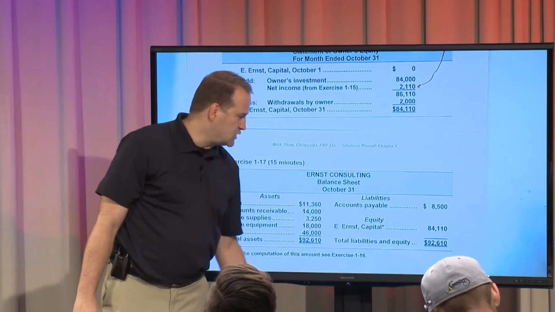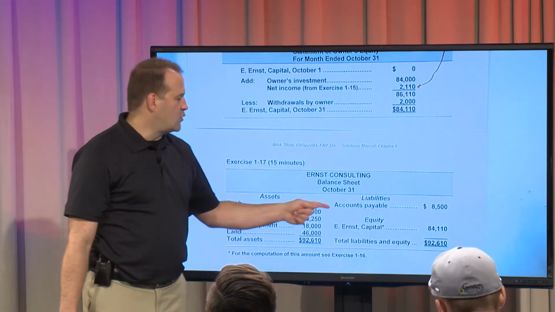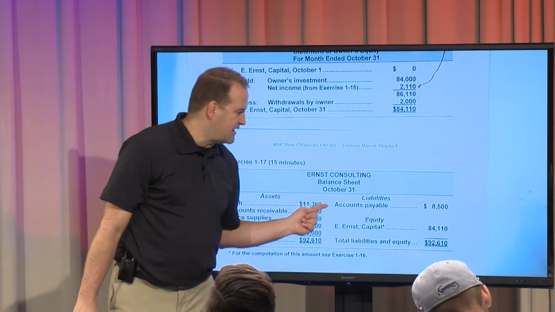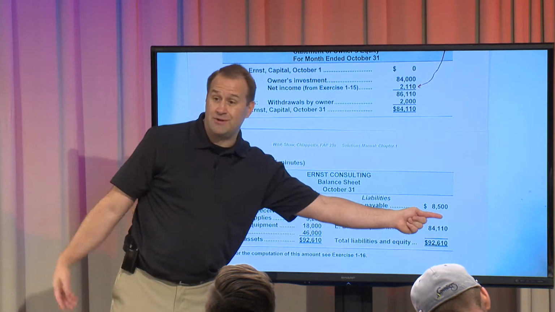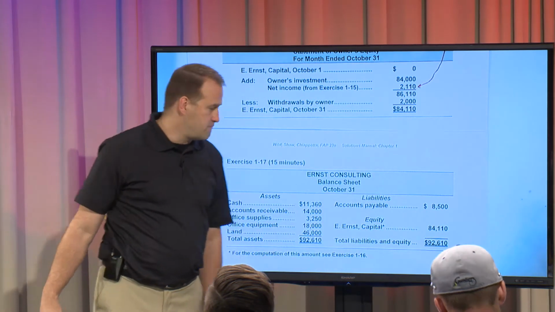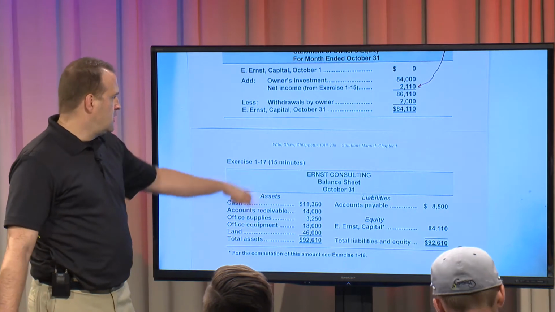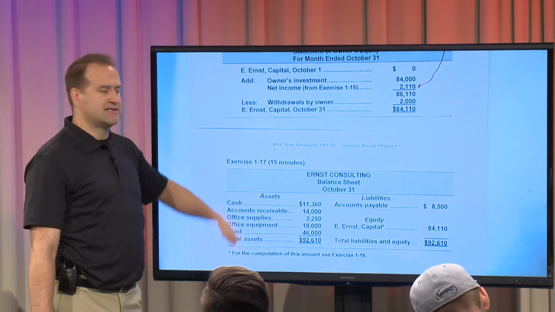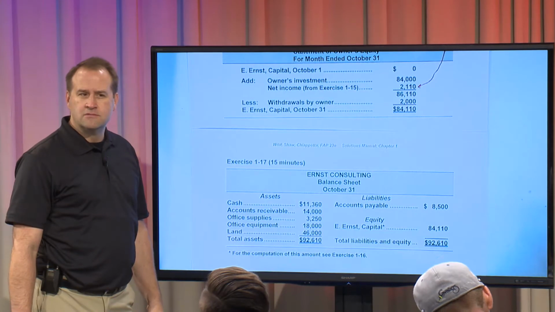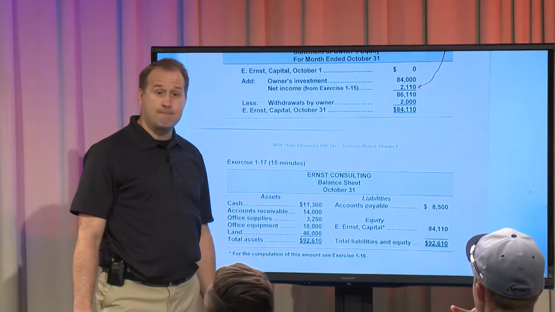There's capital. If there would have been a number of liabilities, I would have had a subtotal for total liabilities, but there's only one. Tell me the questions you have on these. Any questions? Any questions, guys? Did you get that?